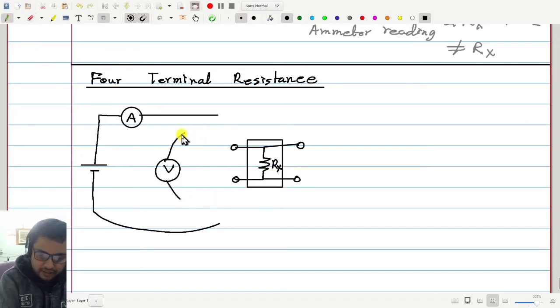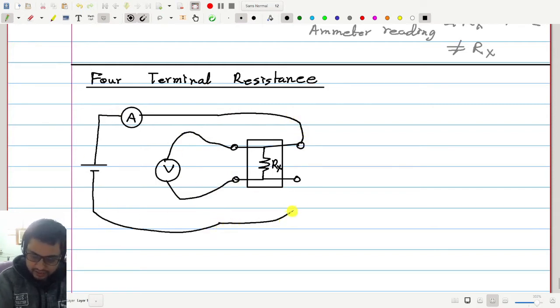Say we connect the 2 ends of our voltmeter here and the 2 ends of our ammeter-battery circuit here. Now these are screws, so they will contribute unpredictable varying resistances.